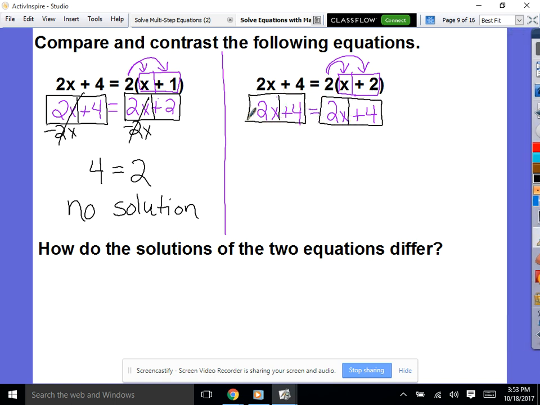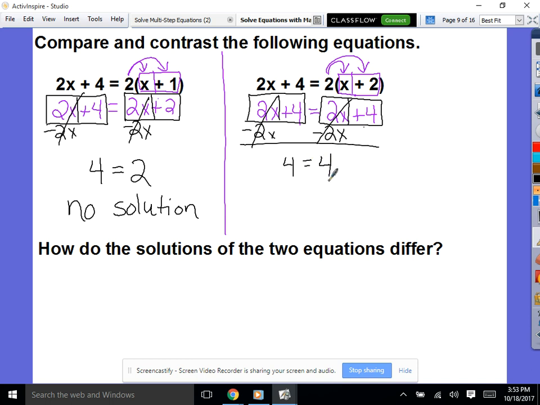We look for like terms: variable, constant, no like terms on the left; variable, constant, no like terms on the right. So we eliminate a variable. When we eliminate that variable, it eliminates both of the variables, and we end up with the equation 4 equals 4.